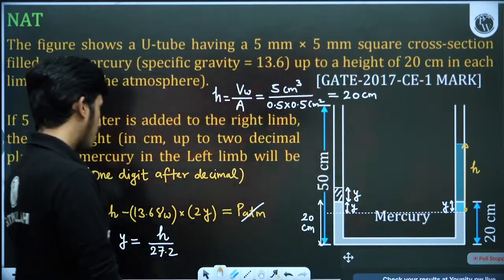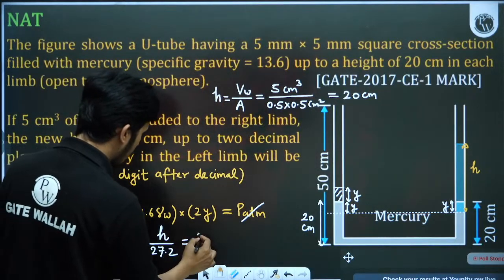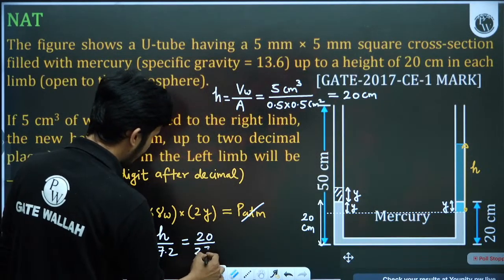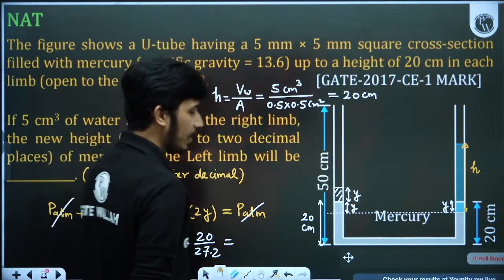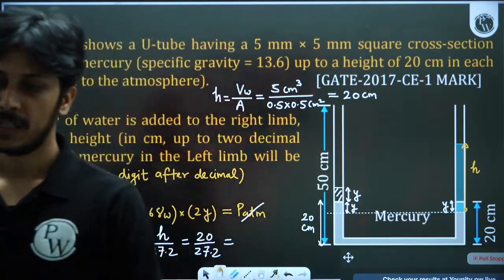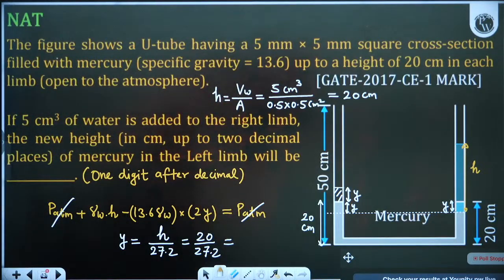So H will be equal to 20 centimeter, so y is 20 upon 27.2. Let us check. It will be 0.735.